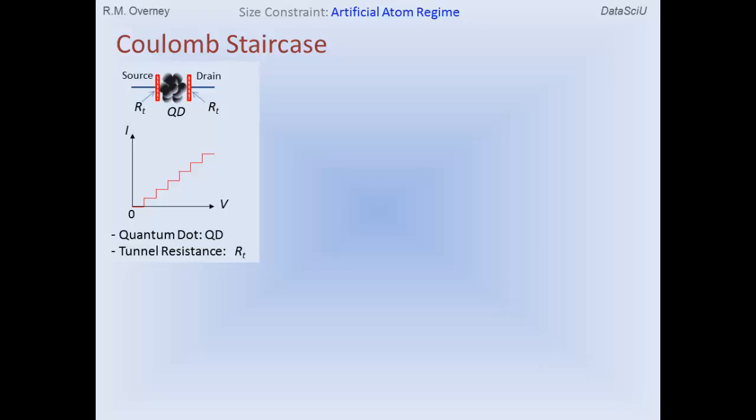The Coulomb staircase phenomenon of current flow as a function of the applied voltage, involving a small metal cluster of atoms, shall here be briefly explained. As pointed out, a small cluster that exhibits electronic energy discretization is weakly coupled to the source and the drain via two tunnel junctions, represented here by the tunnel resistance RT on both sides of the cluster.